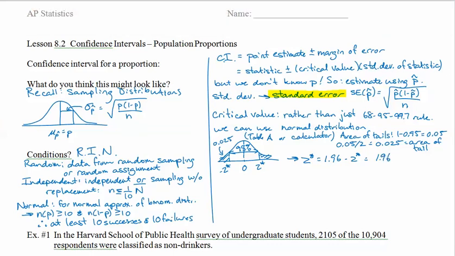What we need to make note of is that the asterisk indicates that we are talking about a critical value, not the standardized score from data.